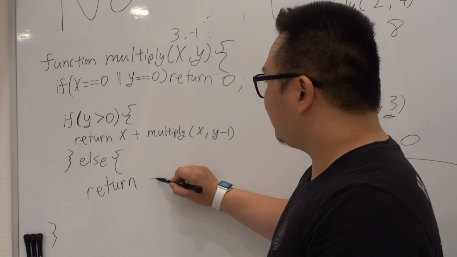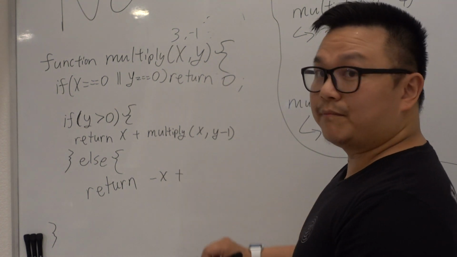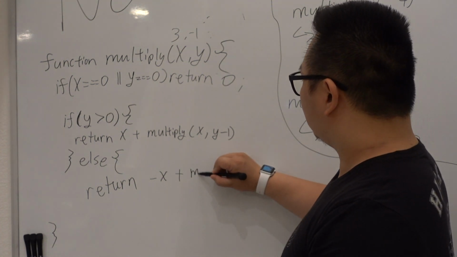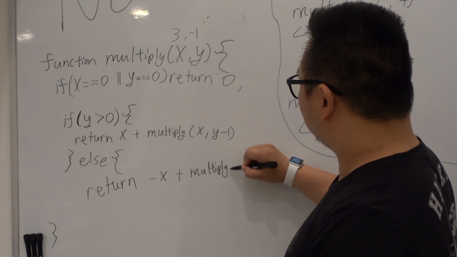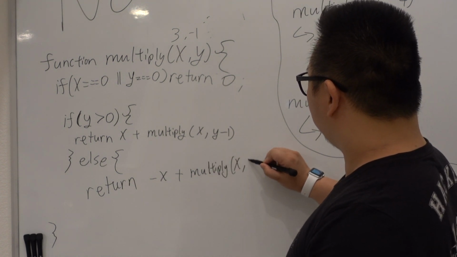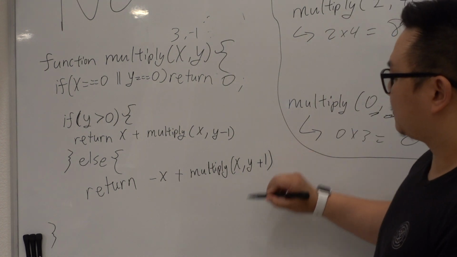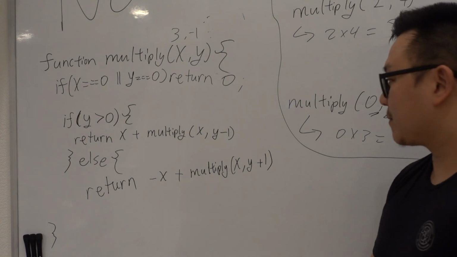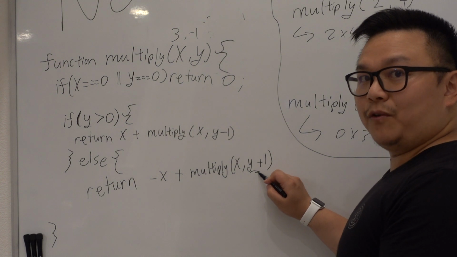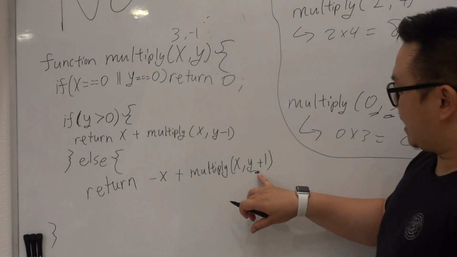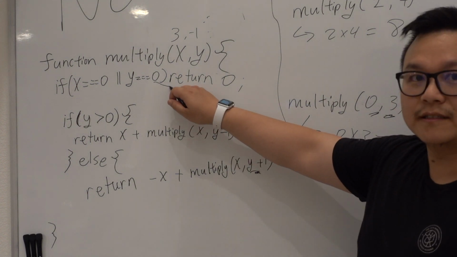Check this out, a negative x plus the multiply of x and y plus 1. And you know how that works? Right, so y plus 1, like I said before, because we want to get this second parameter towards 0, to our base case, right?